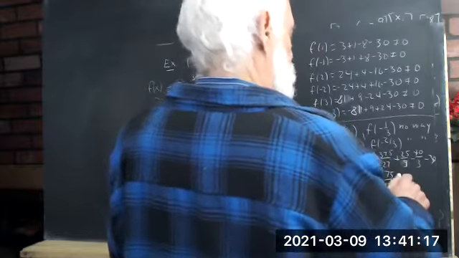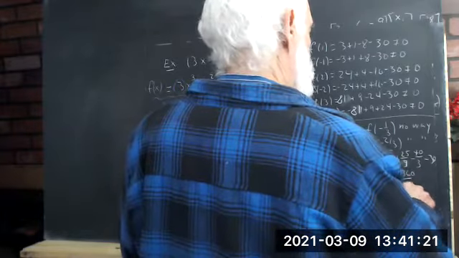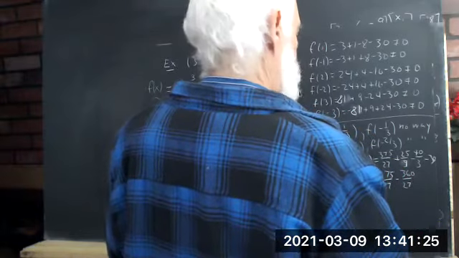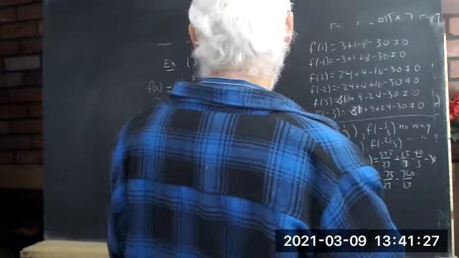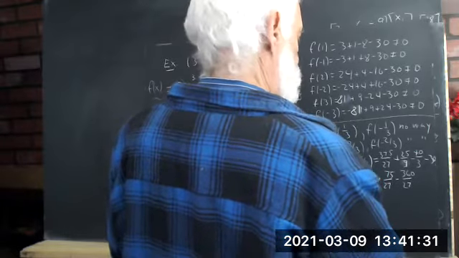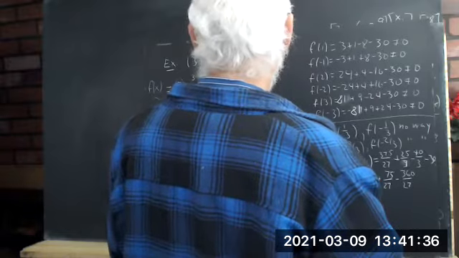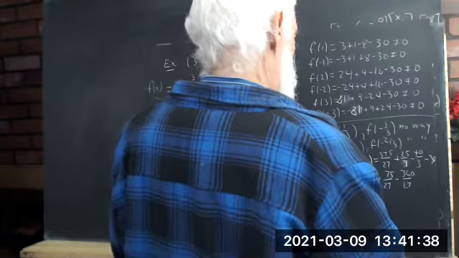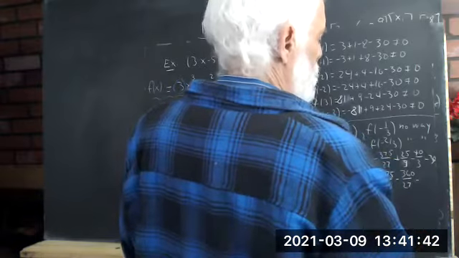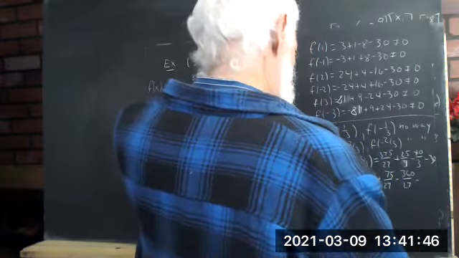And then this has to be multiplied by 9, 360 over 27. Then we got minus 30. Well, 30 over 27 is 810 over 27.